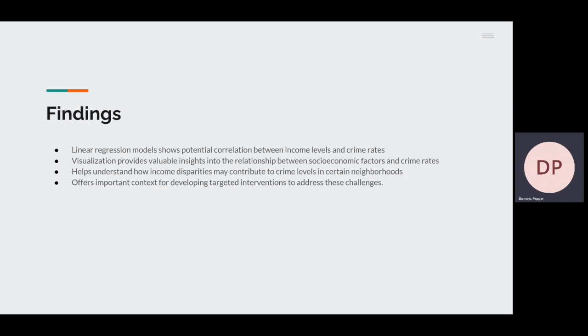And this, in turn, helps us understand how income disparities may contribute to crime levels in certain neighborhoods. And why is this important? Well, this gives us context as to how we can develop targeted interventions to better address these challenges instead of just shooting in the dark.